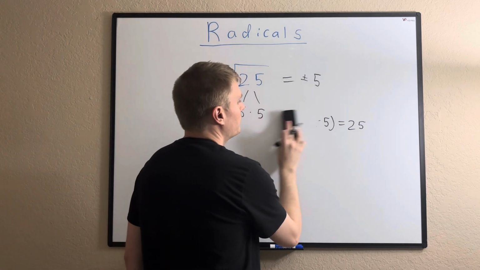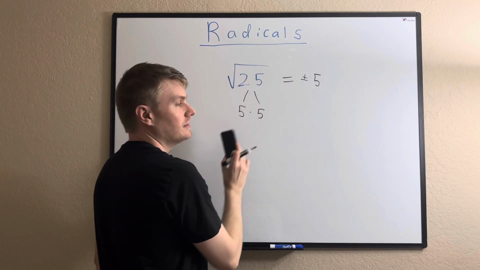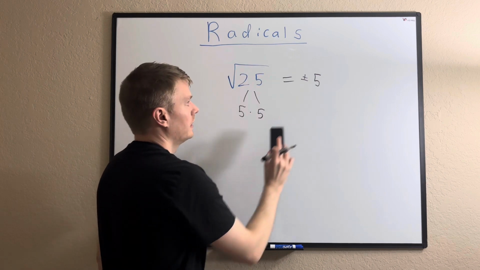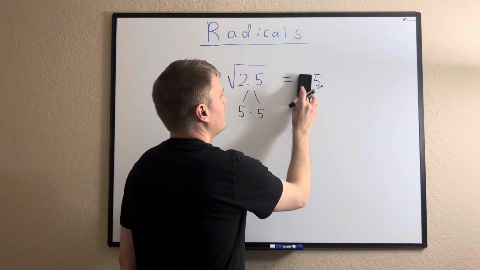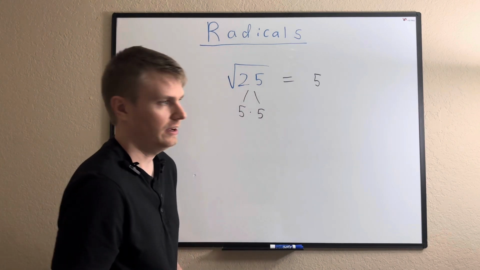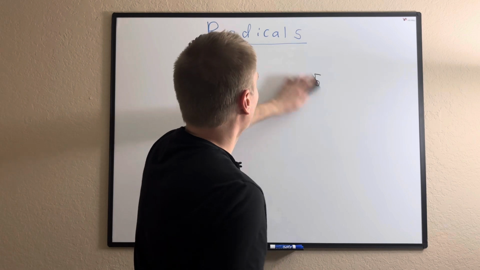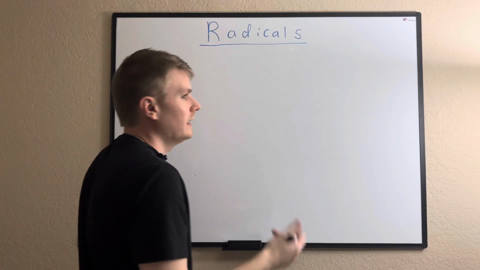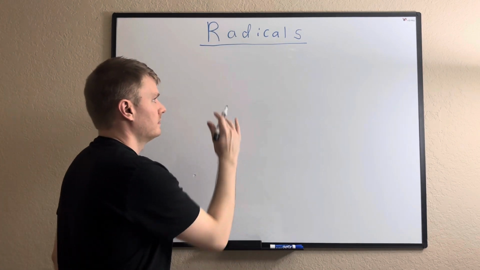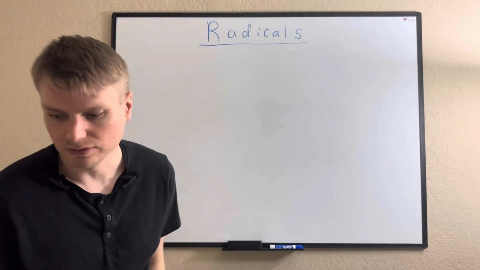But usually when we're just simplifying these expressions, that's what this is, a radical expression, we just go with the principal root, which is the positive 5. But it's important to understand that a negative times a negative is a positive, and so roots can also be negative.